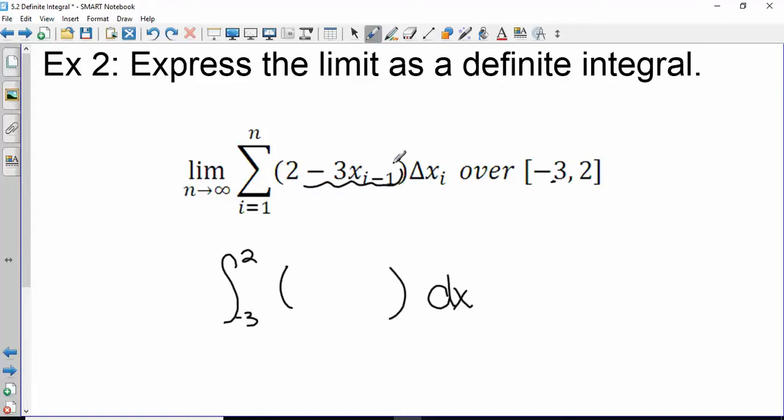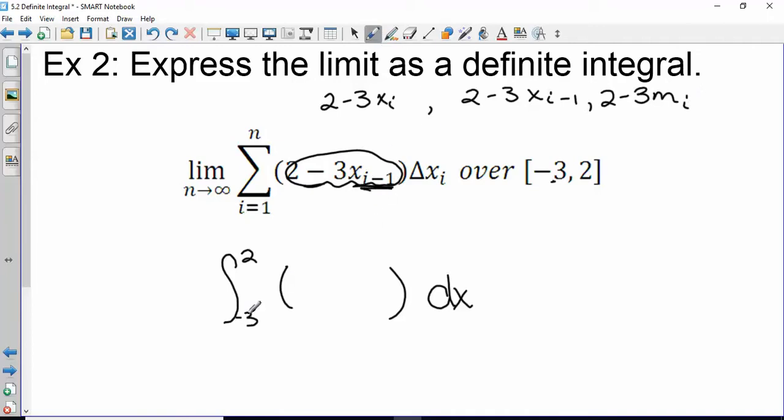This right here gives us our function. Now you might see a lot of different things on that x. You might see something like 2xi, or like I gave you i minus 1. You might even see something like m, which we'll talk about in a second, which represents a midpoint. It doesn't matter.